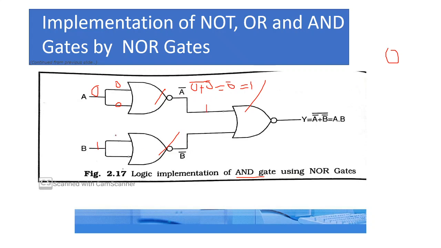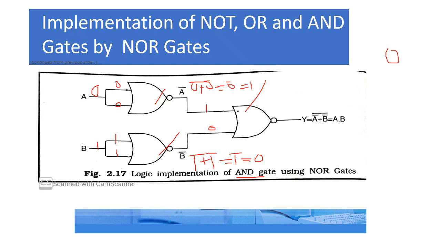So here 1 is applied to this NOR gate, and the output is (1 plus 1) complement, which is 1 complement, and the complement of 1 is 0. So the output here is 0, and it becomes the input of this third NOR gate.